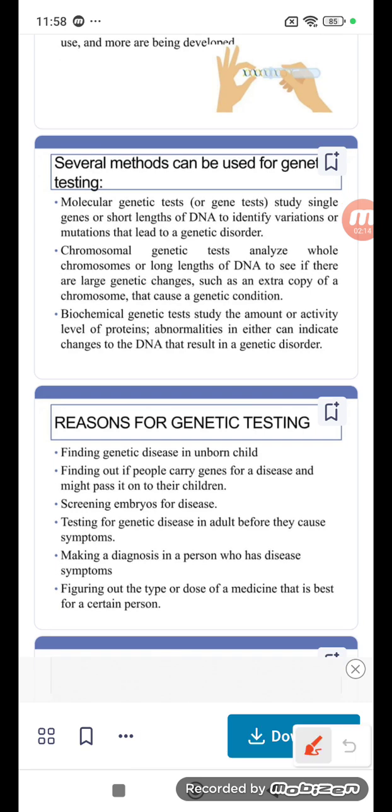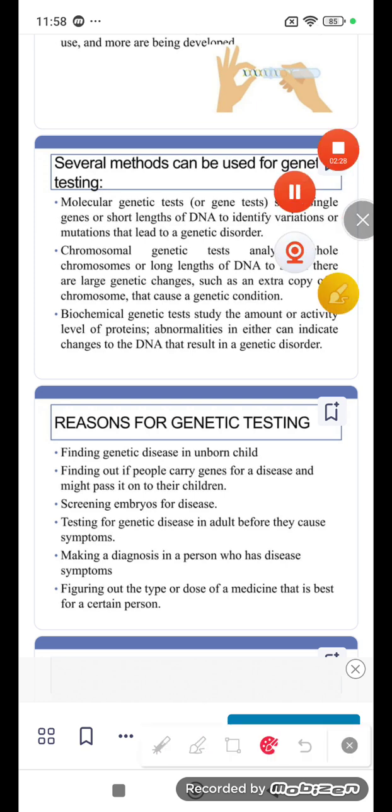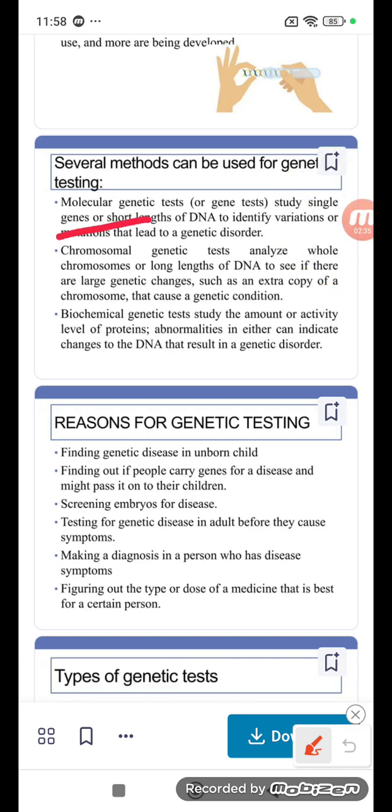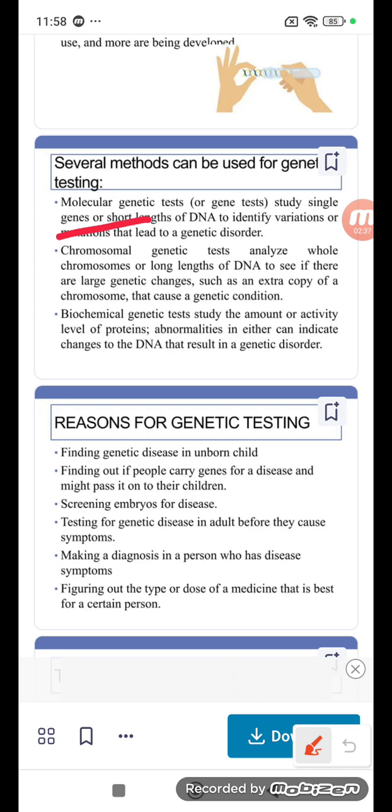So the first one is molecular genetics. What is the role of molecular genetics? Simply, the structural or molecular formula in genetics is called the genes. This is to study a single gene: what is the length, what is the DNA structure, and what are their characters.